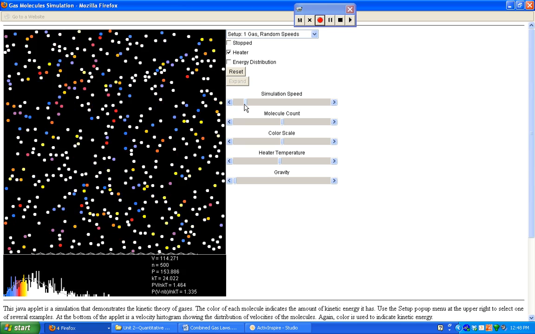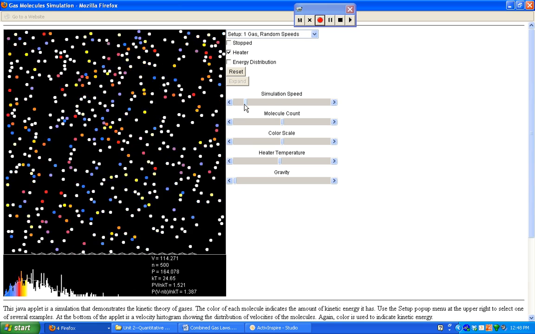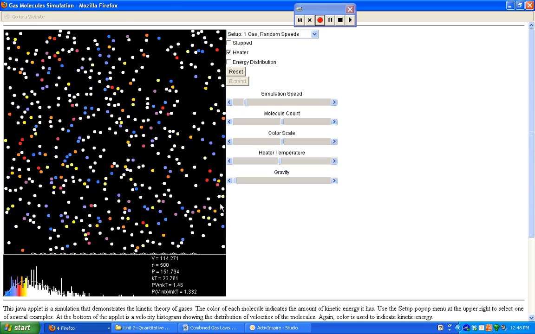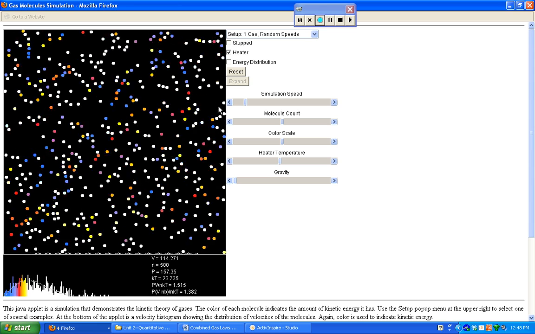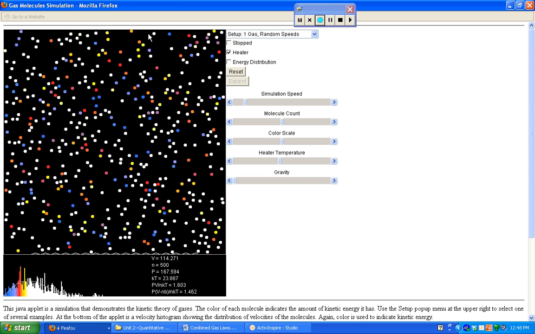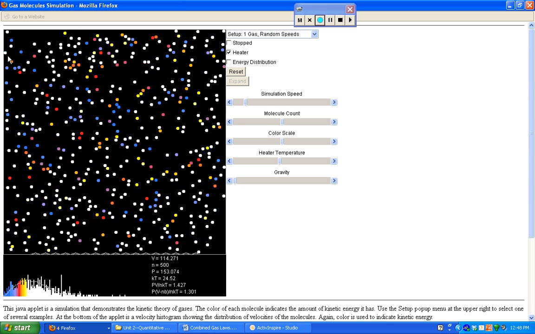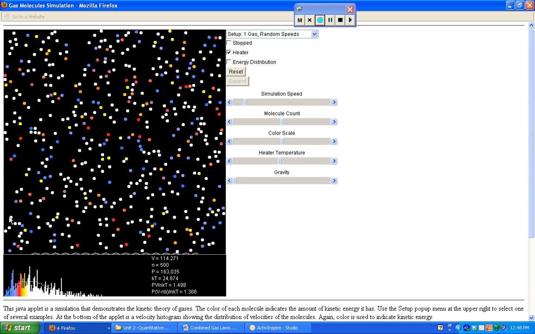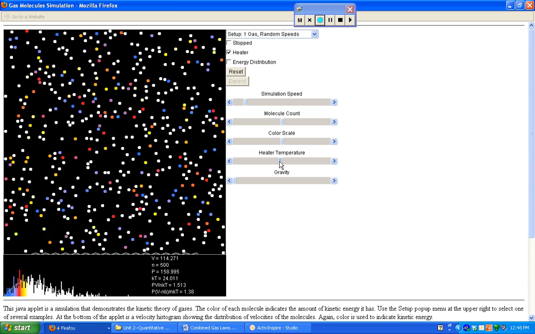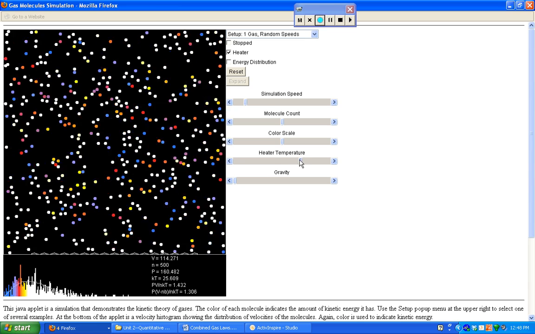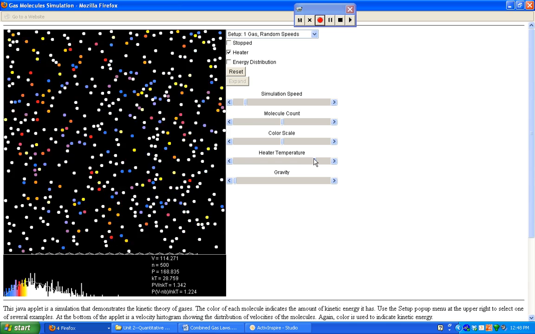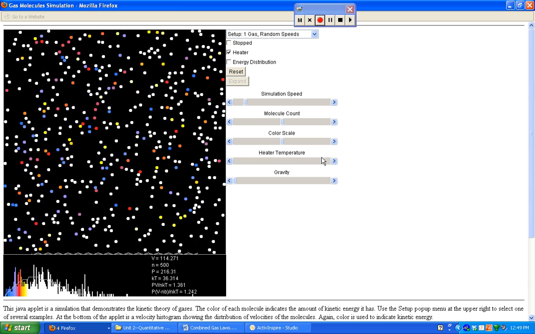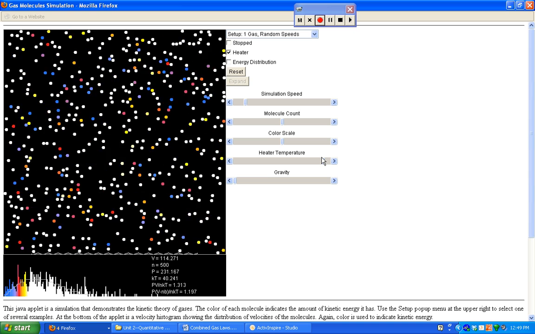That is actually modeling gas particles moving around. If you look at the walls of the container, you can see that the particles are colliding with the walls of the container. That collision, that is what causes pressure. If you increase the heater temperature, then you'll see that the particles start going faster and faster and faster.